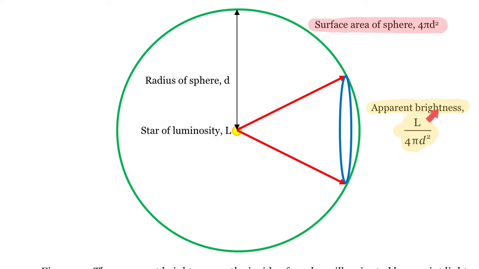So notice that the apparent brightness is proportional to 1 over 4 pi d squared, or, should we say, inversely proportional to 4 pi d squared. Of course, the higher the luminosity, the apparent brightness would have a positive relationship with the luminosity. The more luminous the source is, the more the apparent brightness will be, wherever we're observing it.